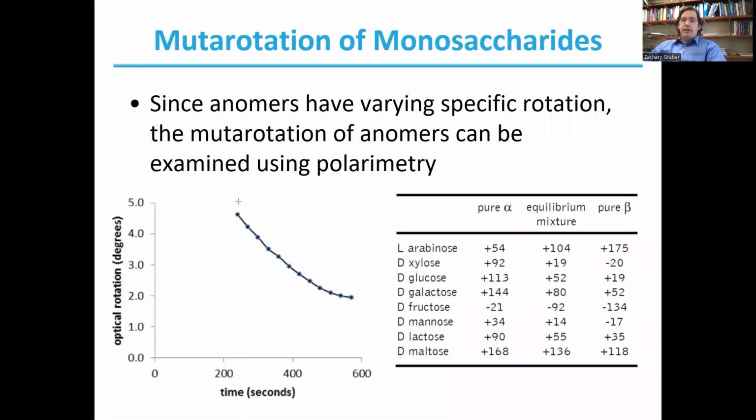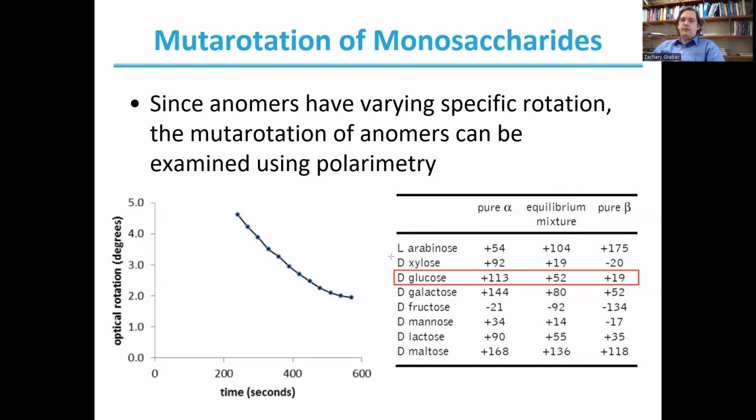So if we go back to our table here, showing the specific rotation of our different sugar anomers, you'll notice that for our glucose, our equilibrium sits closer to our pure beta form than to our pure alpha form, right? So we have roughly 33 increase in rotation compared to our pure beta versus over 60 compared to our pure alpha.